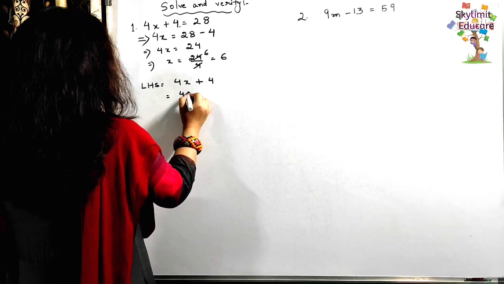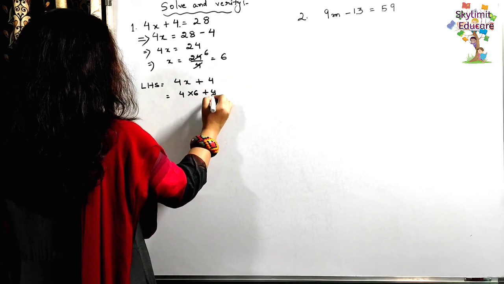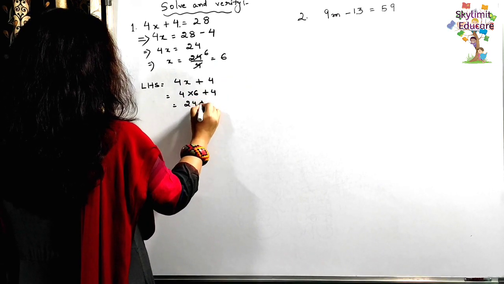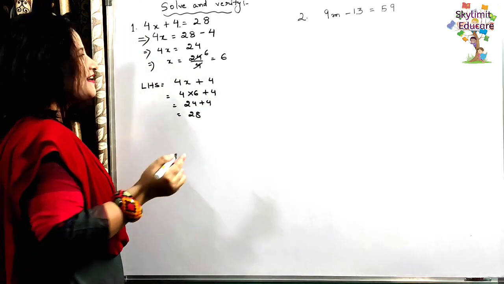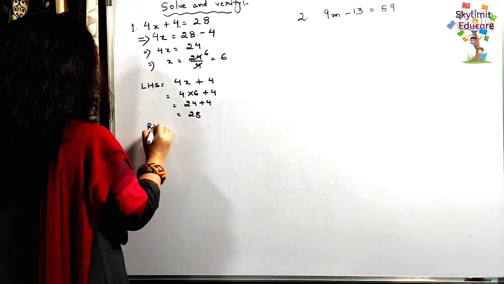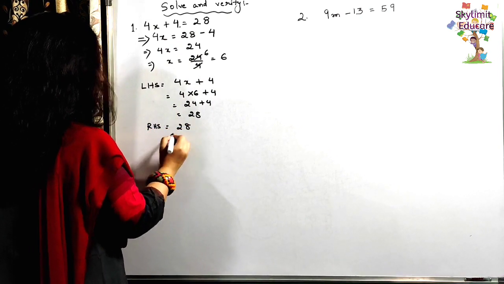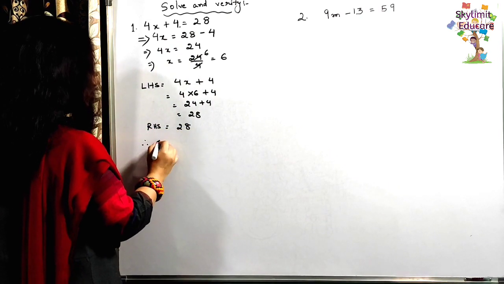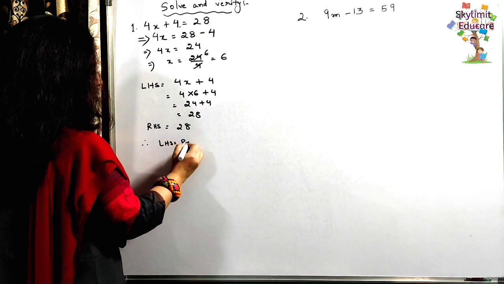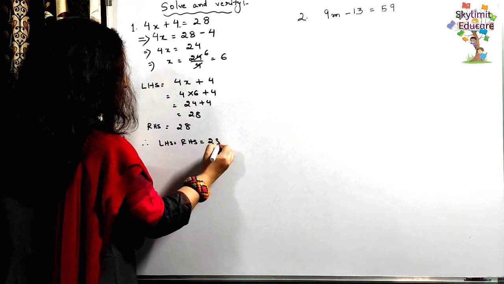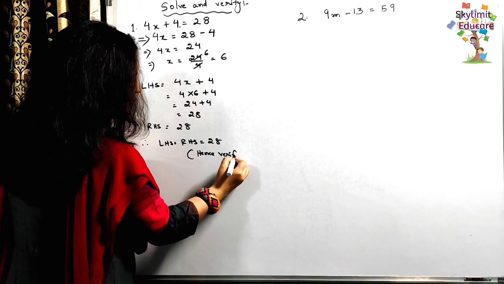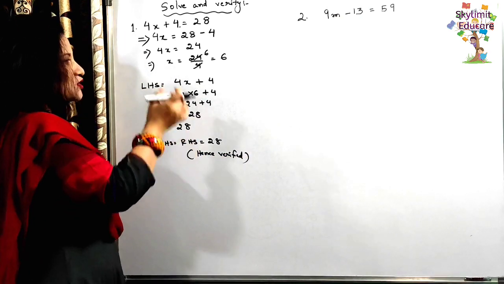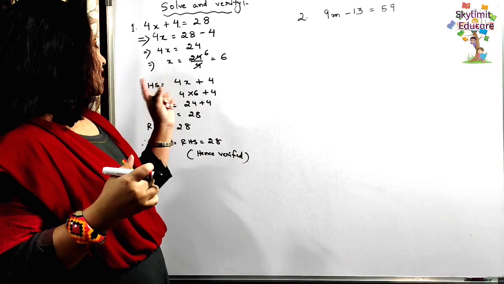What is x? x is 6, plus 4. So we got 24 plus 4, that is equal to 28, right? And we already have the right hand side equal to 28. Therefore LHS is equal to RHS is equal to 28. Hence verified. This way you can solve, and in the next question I will show you another way by which you can verify.